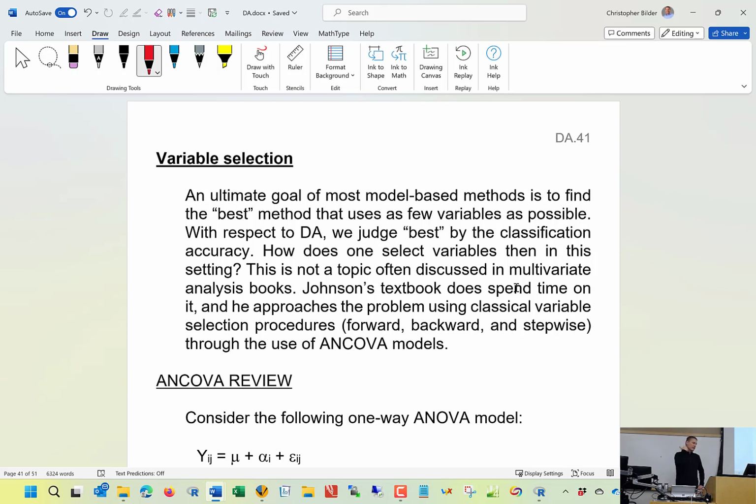How good am I doing for one level of my grouping variable in terms of predicting it, or how am I doing with respect to another level, and so on. That's why you don't necessarily see variable selection done a whole lot. If you look at multivariate analysis books, rarely will you ever see that topic in there.